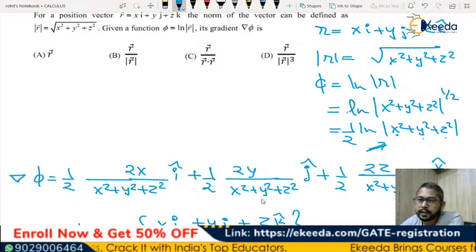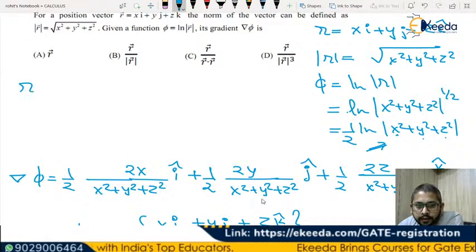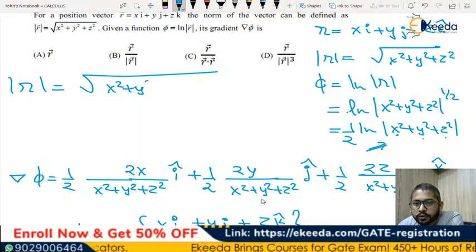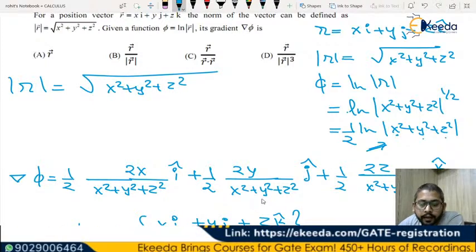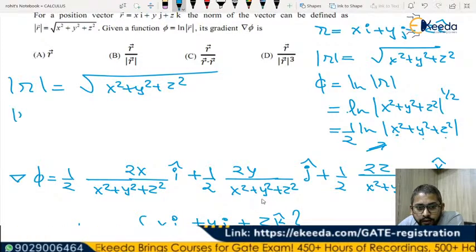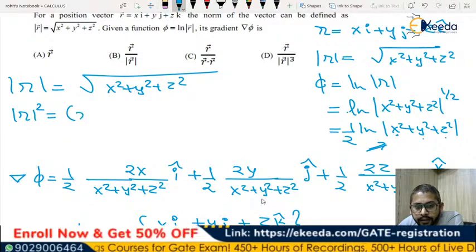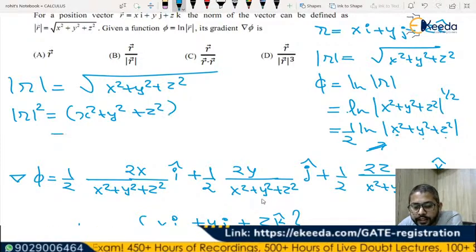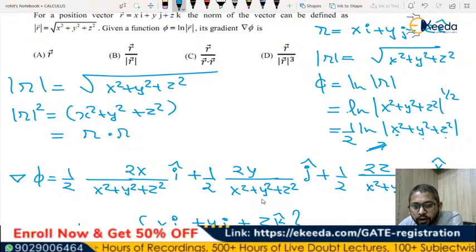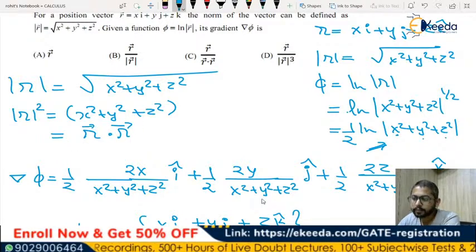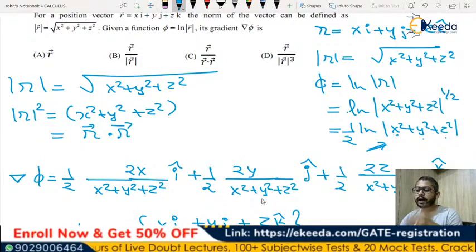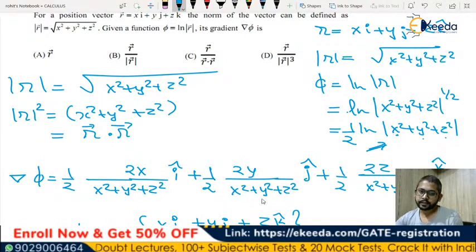If you remember correctly, this r, which is under root of x square plus y square plus z square, so square of this absolute value will be x square plus y square plus z square, which can also be given as r dot r in the sense of vector, because dot product of the same vector gives the square of that absolute value. You know this, right?